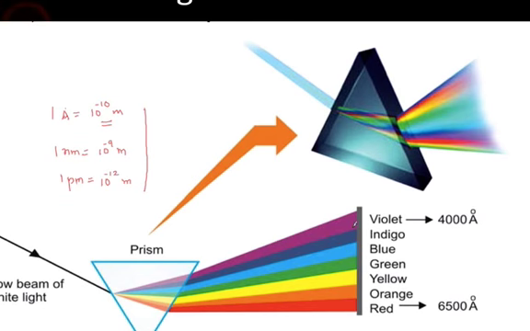Since all the colors merge into each other, you can see violet slowly getting converted into a new color, and that again slowly mixes into another color. So these are called a continuous spectrum, because there is no distinction somewhere in between. It is completely fading a color and then generating a new color. Therefore these are called continuous spectrum. Clear?